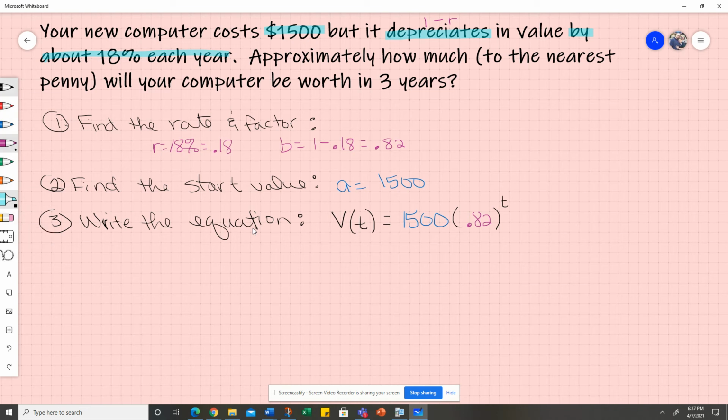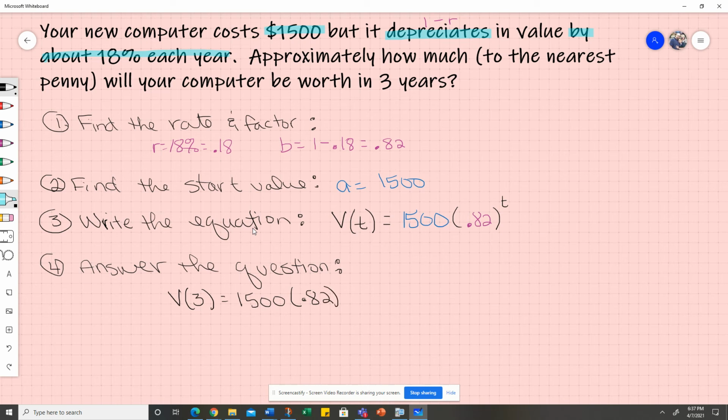All right, and then let's answer our question. What is the value of the computer in 3 years? So time is 3. So 1,500 times 0.82 to the third power.